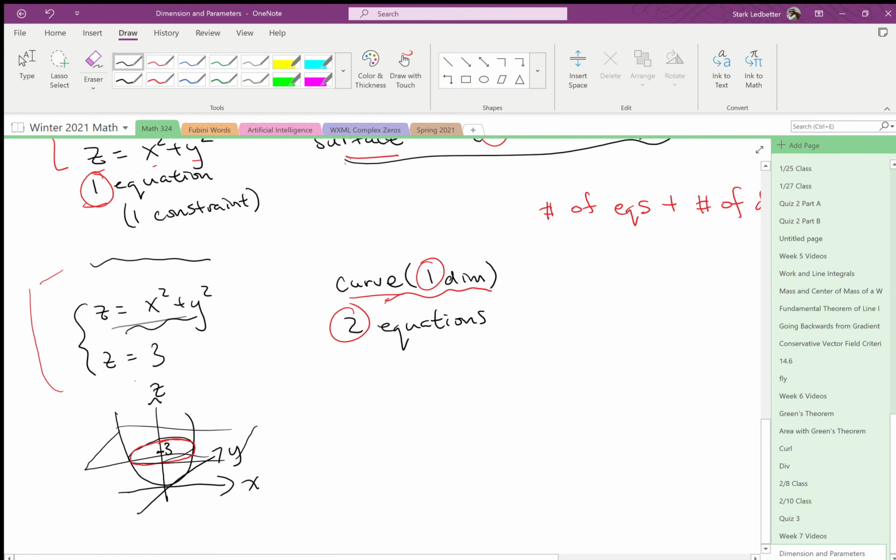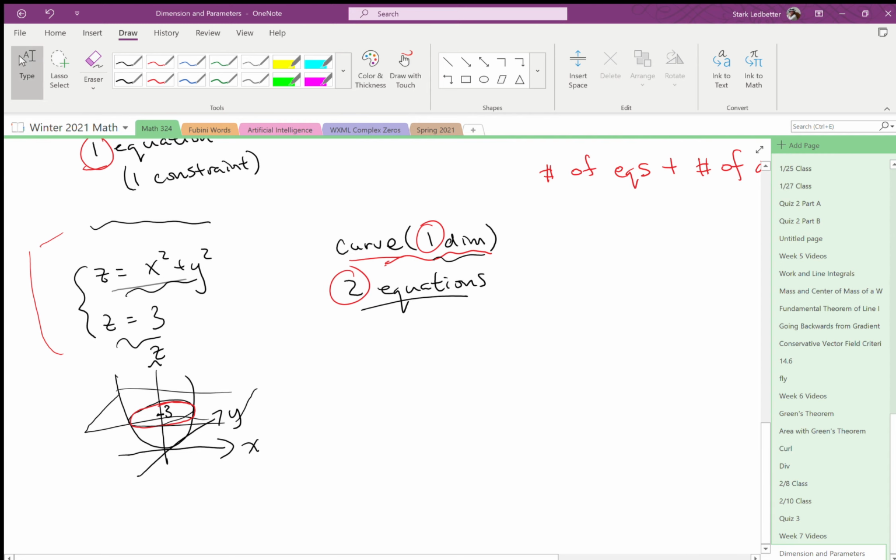Here we have 2 constraints. z has to equal x squared plus y squared, and z has to equal 3. We're knocking the space down with every equation by a dimension, so we end up with only 1 dimension. If you had 3 equations, you'd end up with a 0-dimensional thing. What is a 0-dimensional thing? 0 dimensions is a set of points. It could be empty.